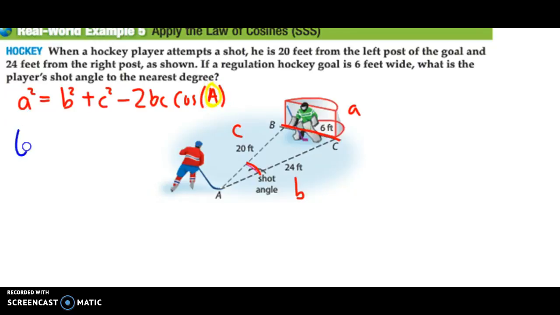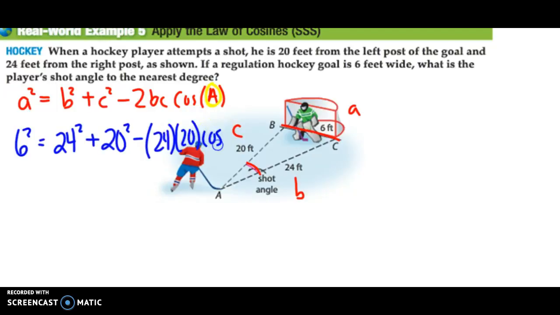So a squared is 6 squared, which is equal to b squared, 24 squared, plus 20 squared, minus 2 times 24 times 20 times the cosine of A. We don't know what A is, so let's just simplify as best we can.